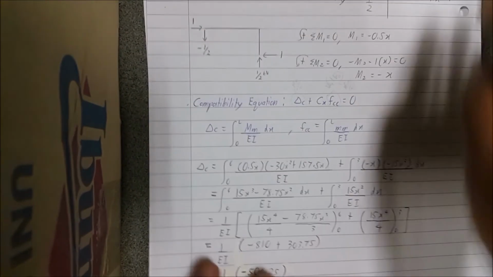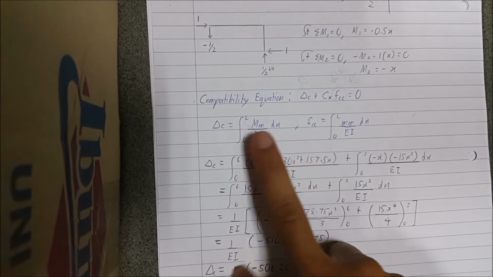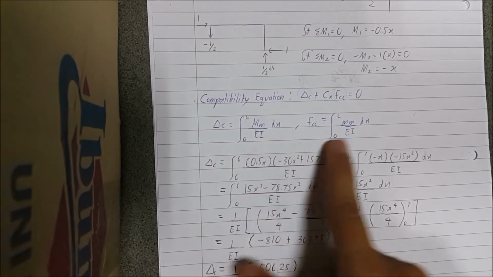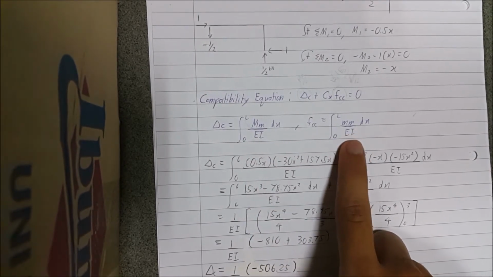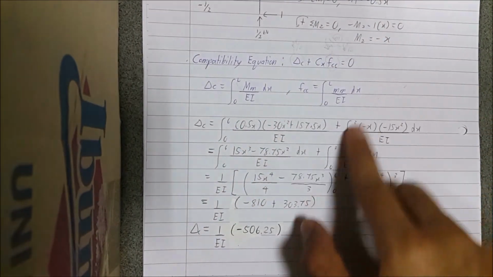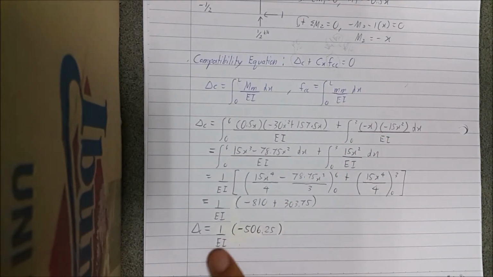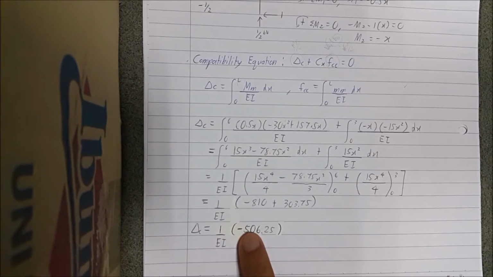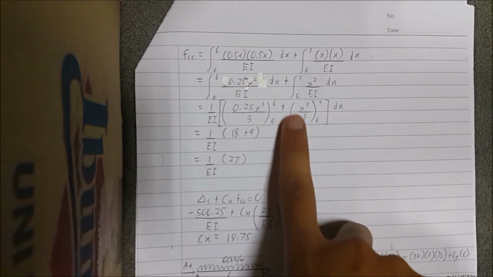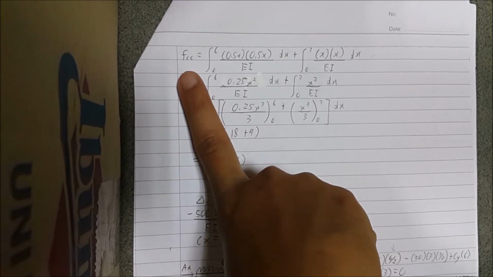Now to identify delta C and f_CC, we have to use the integration formula, integral of Mm over EI dx and integral of small m m over EI dx. After we substitute all the values we previously had into this long equation, we end up with this. Continuing with our equation, now we are finding f_CC, where the virtual load was applied.